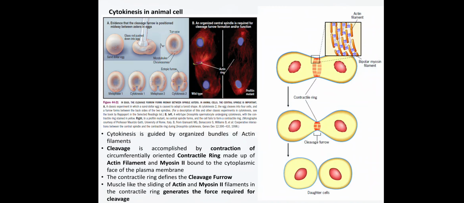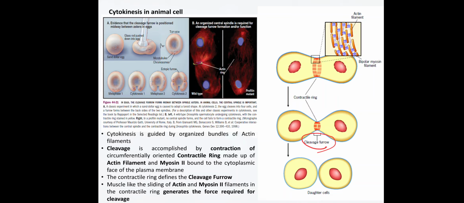Cytokinesis in animal cell is guided by bundles of actin filament. Cleavage is accomplished by contraction of the circumferentially oriented contractile ring, which is made up of actin filament and myosin 2 bound to the cytoplasmic face of the plasma membrane. So it defines the cleavage furrow.